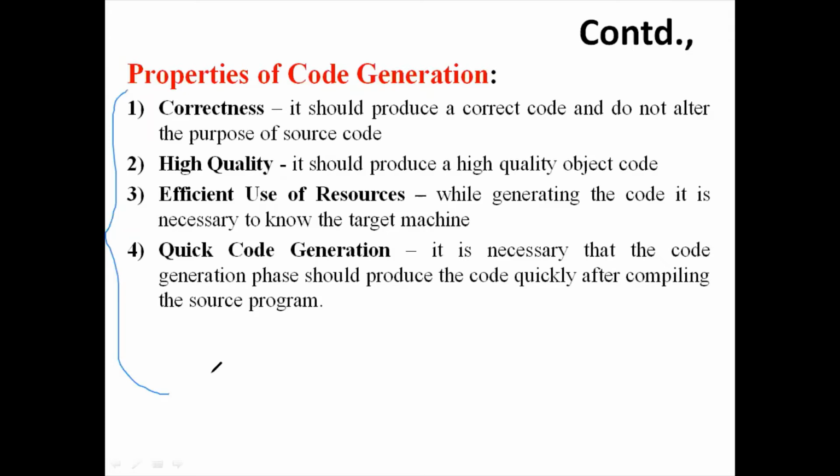This is the main theme. So the code generation phase should generate the code quickly after compiling the source programs. So in properties of code generation, we have four properties.